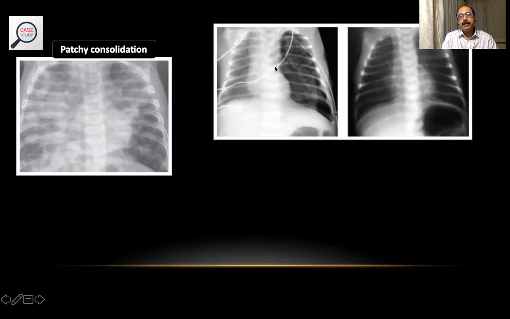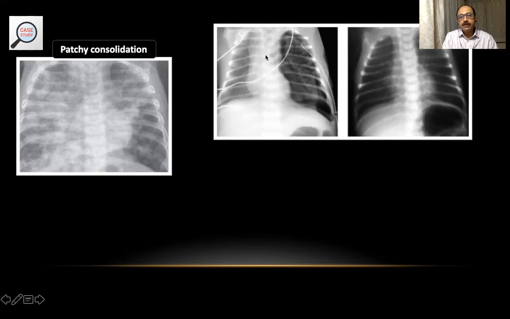Now look at this baby, and these are two dreaded complications of meconium aspiration that you should be aware of. One is sudden deterioration, and what you find here is that the lung is collapsed, the lung margin is clearly visible, there is air which has accumulated beyond the lung margins, telling us that there is a pneumothorax. The ipsilateral dome of the diaphragm is pushed down, and you find there is a shift of mediastinum.